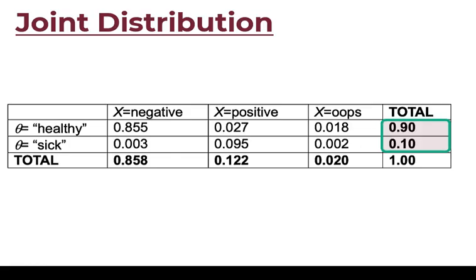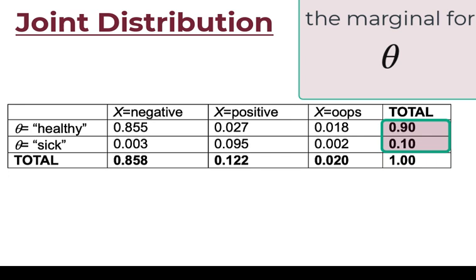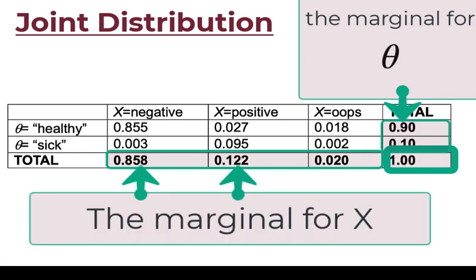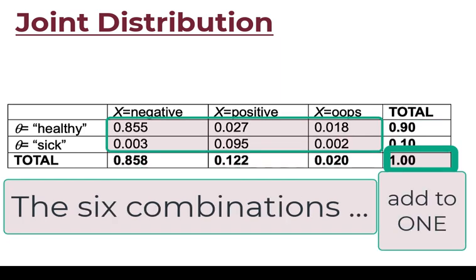Now when you add across, instead of 1 and 1, you get 0.9 and 0.1, along the right margin. Aha! Then add down 0.9 and 0.1, you get 1. Or you can add the columns to get the bottom margin, then add the column totals, you get 1.